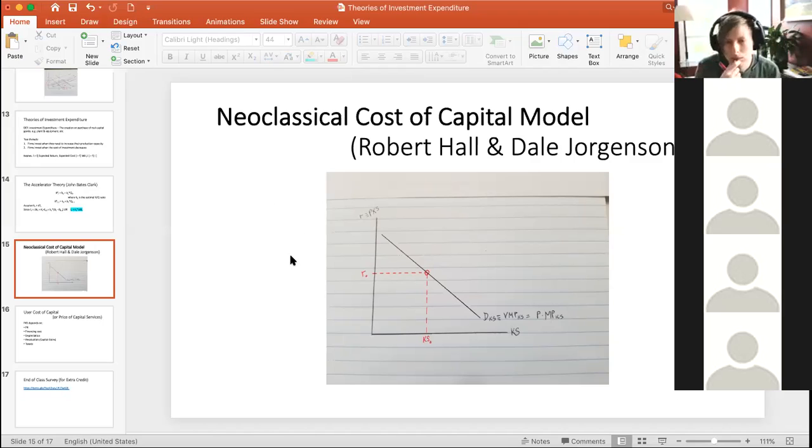So Hall and Jorgensen said, imagine that the demand for capital is exactly like that. So there is a downward sloping demand for capital curve, which we can think of as the value of the marginal product or the marginal revenue product, exactly like we think about labor.